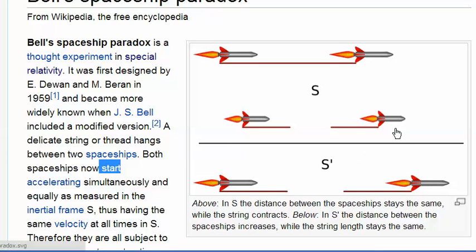I don't remember what the conclusion is down below, but I can say unequivocally, yes, this string will break.